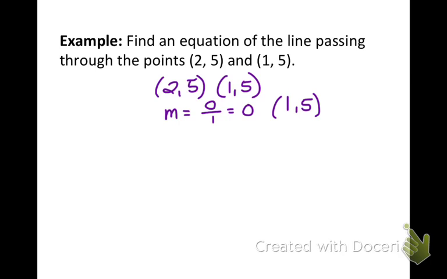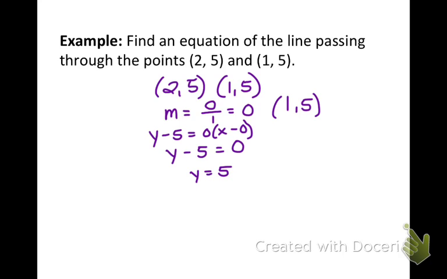So when I plug that into point slope form, we get y minus 5 equals 0 times x minus 1. What happens when you distribute that 0? Everything goes away on the right side of your equal sign. Adding your 5 gets you y equals 5, which makes sense because when we have a slope of 0, that means we should have a horizontal line.